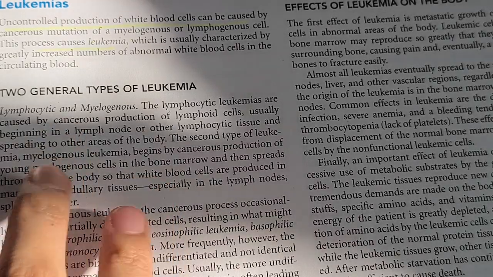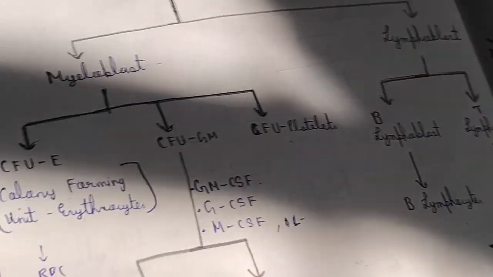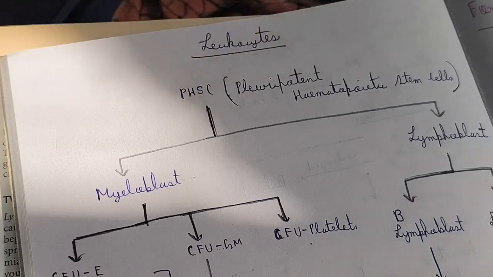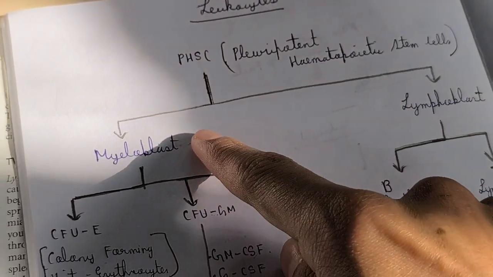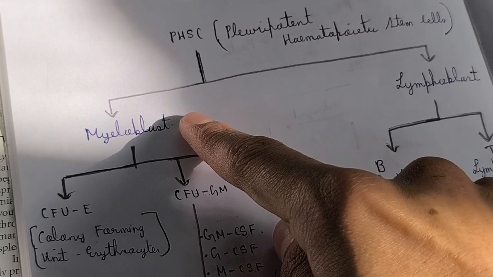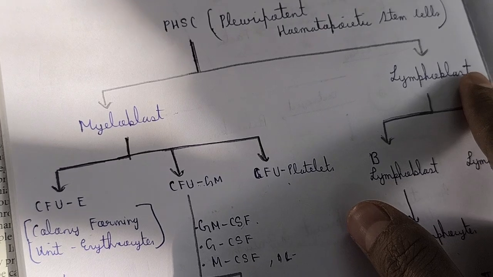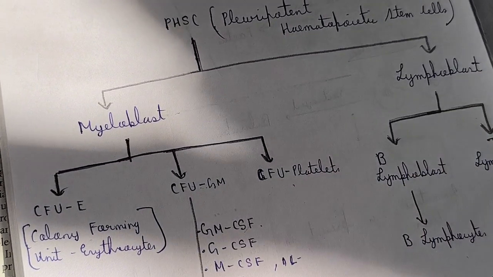Now I'm going to show the types. It is simple: if leukemia occurs due to uncontrolled production or mutation in the myeloblast, then myeloid leukemia occurs, or in the lymphoblast, then lymphocytic leukemia occurs.